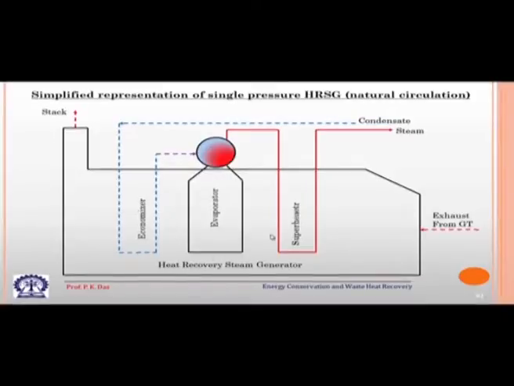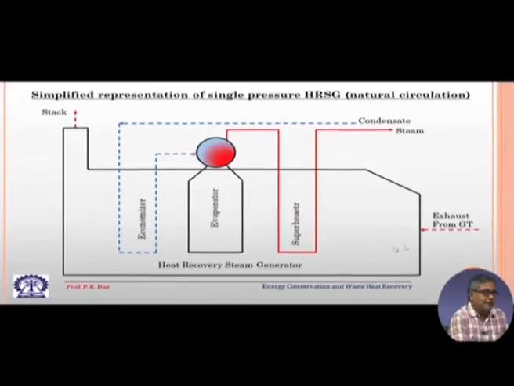So, you see this shows schematically one single pressure HRSG. The arrangement here is horizontal, which is very common, and exhaust from the gas turbine, which is high temperature gas, is coming to the HRSG, and as it passes through this, due to heat exchange, the temperature of the gas reduces.